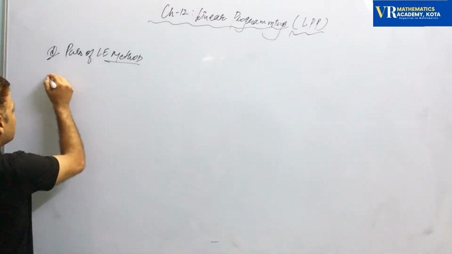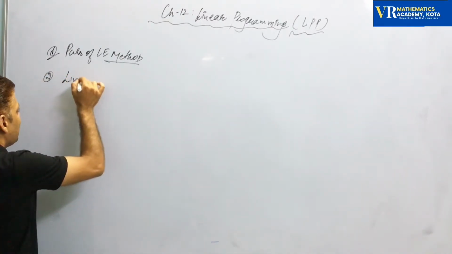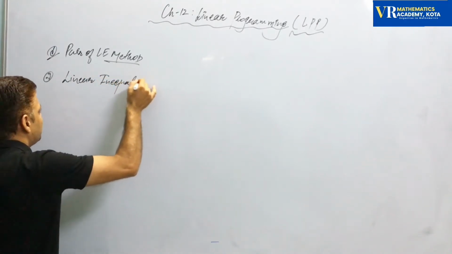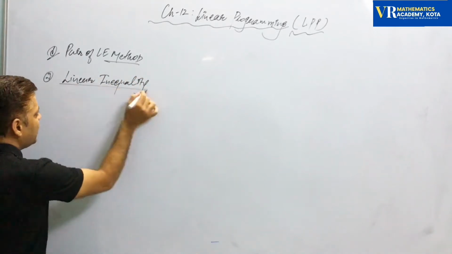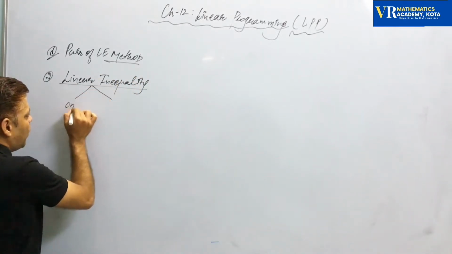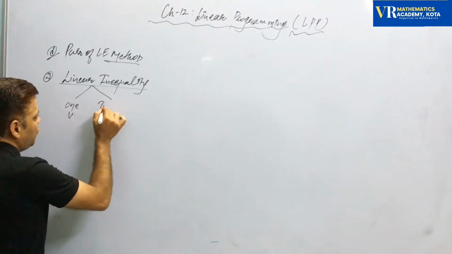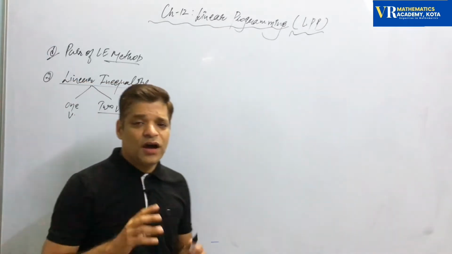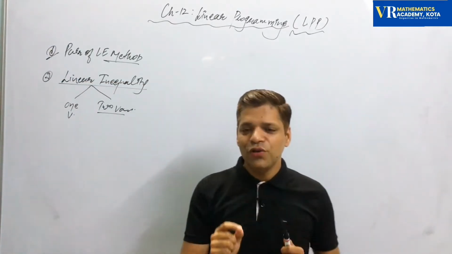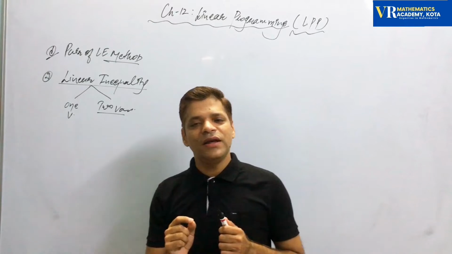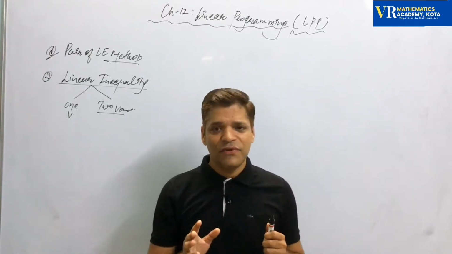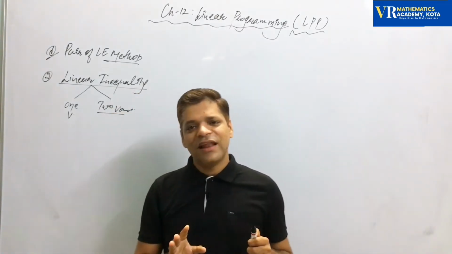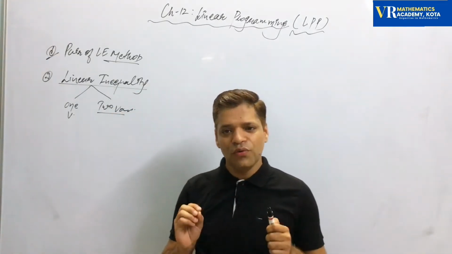And the second one is the concept of linear inequality, linear inequality in one variable and two variables both. We already studied how we find the solution of a linear inequality in two variables by the graphical method, in class 11th.